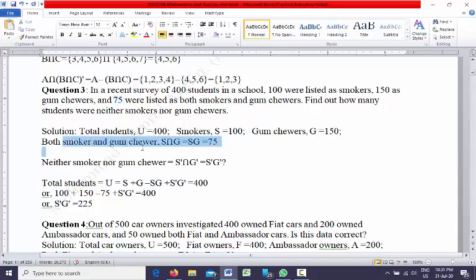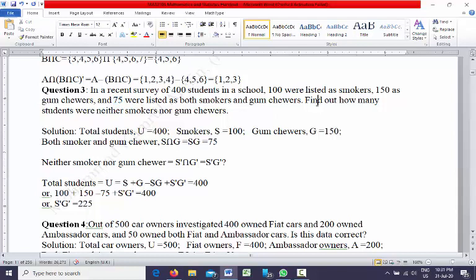So both smoker and gum chewer is S intersection G. In short we can call it SG, which is 75.